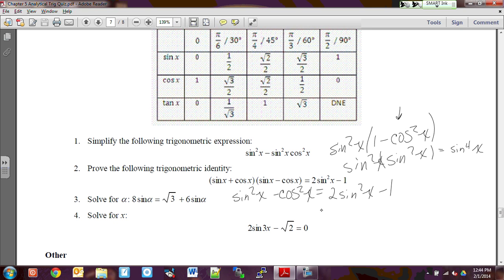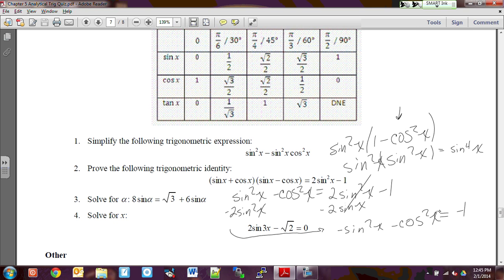The first thing I'm going to do is subtract 2 sine squared x from both sides to get all of my sine squareds and cosine squareds on the same side of the equal sign. So sine squared minus 2 sine squared is negative sine squared x minus cosine squared x equals negative 1.